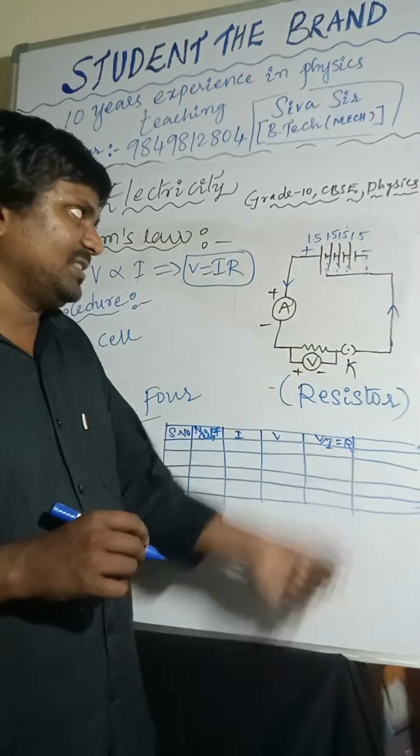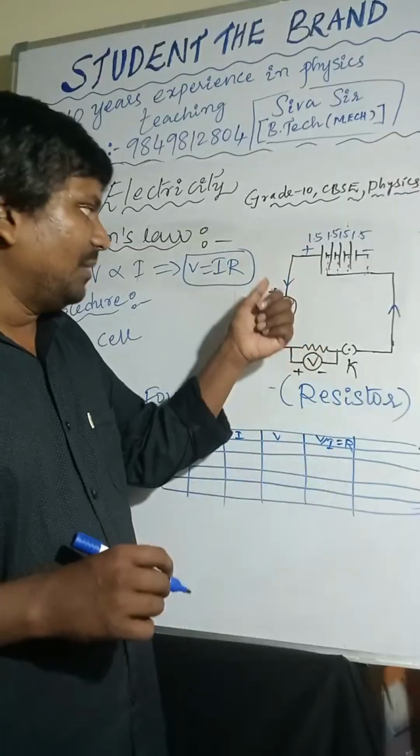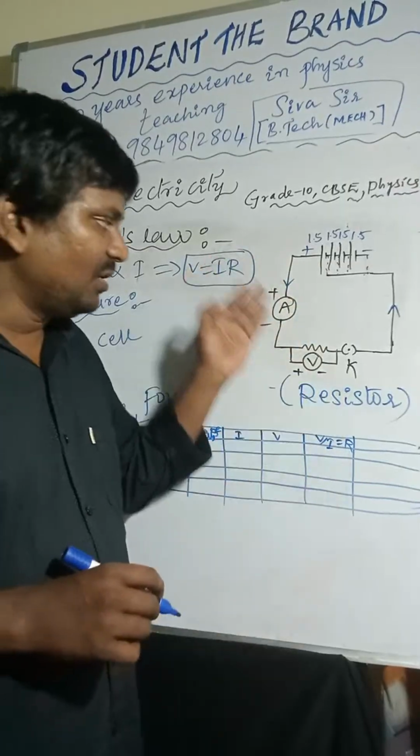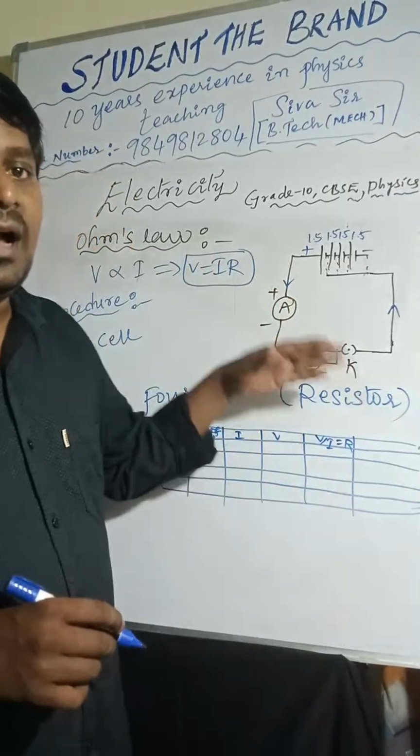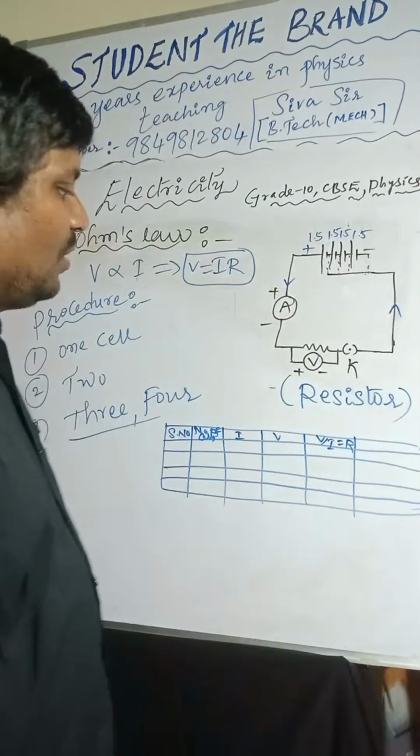What is that process? Connect the cell, current will pass, you measure the ammeter reading and the voltmeter reading, and mention them in the tabular form given below.